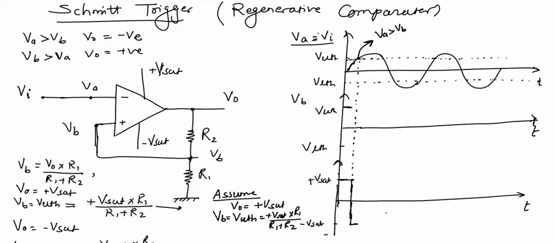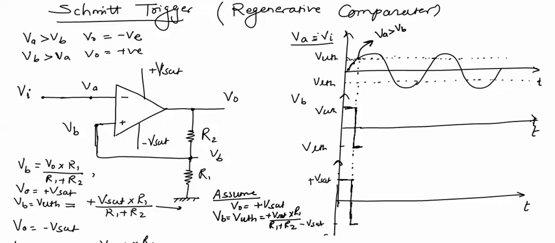If output changes from plus Vsat to minus Vsat, we know that VB becomes VLTH, that is minus Vsat into R1 upon R1 plus R2. So when the output switches from plus Vsat to minus Vsat, VB becomes VLTH. So VB also changes from VUTH to VLTH.